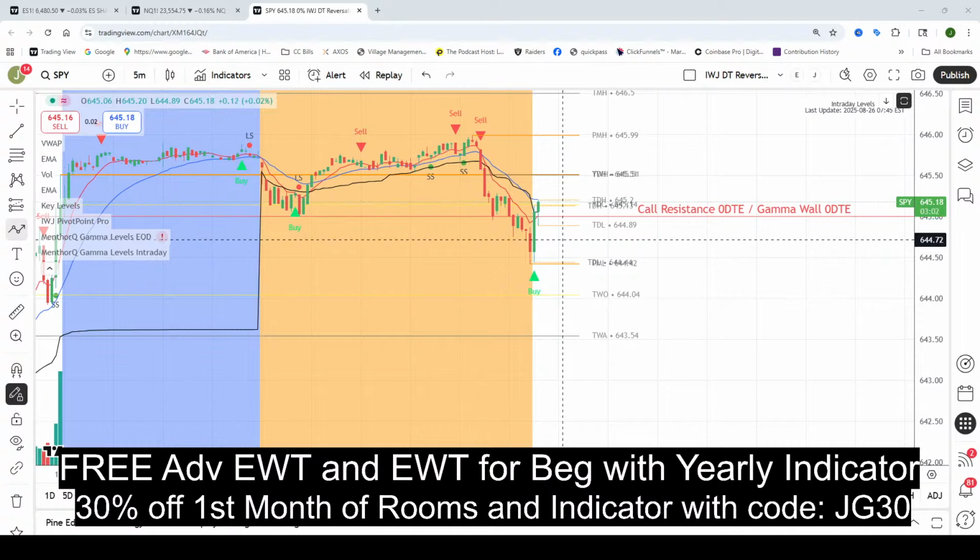All right, challenging that 21 again. We're very close to our first take. If they can just push it just past it, we'll have a winning trade here.